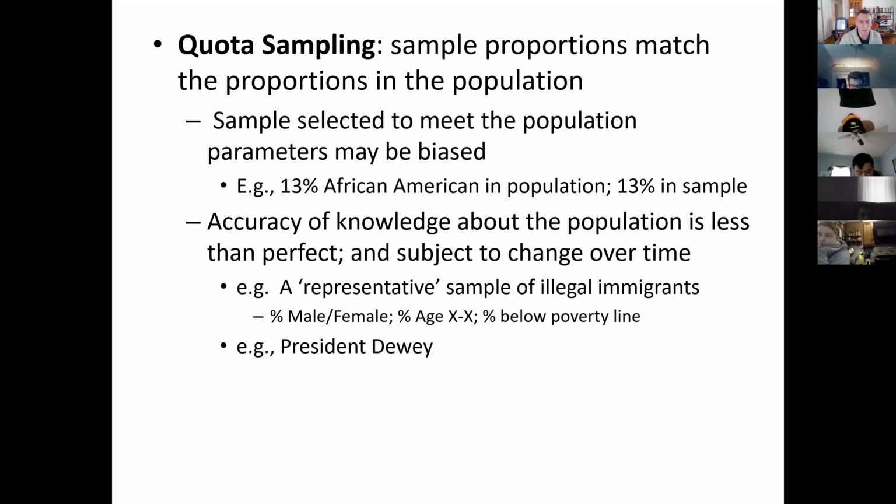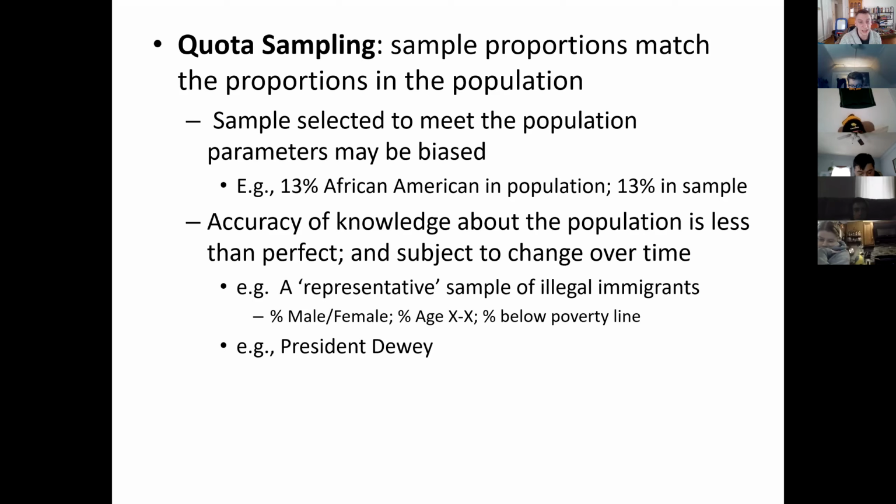Trying to get a representative sample of illegal immigrants, percent below the poverty line, in a certain age demographic from 18 to 45 can all be highly problematic because of changes in the population that make these quotas no longer mean what they used to mean.